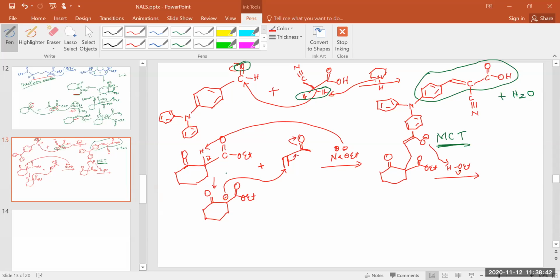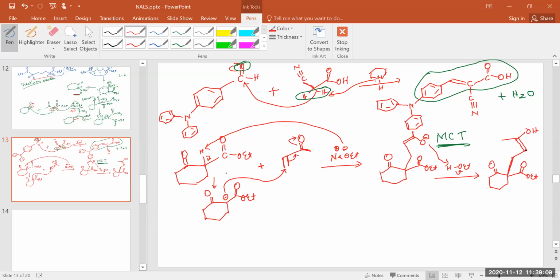So what will happen? The base will be regenerated. So the product will be like this, OH like this one here. You see here, this is one carbon.